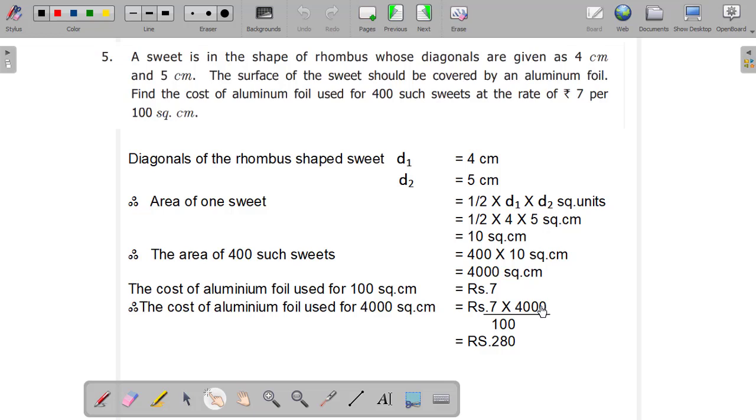We can easily find out by simplifying this expression. Okay, listen. So 100s are 100, 40 hundreds are 4000. So 7 40s are 280. Therefore, the cost of aluminum foil used for 400 such sheets is rupees 280.